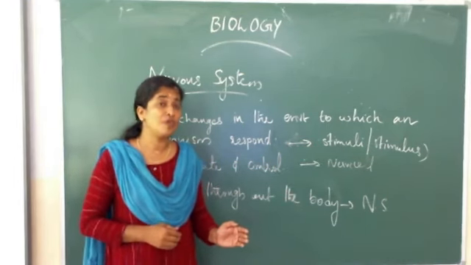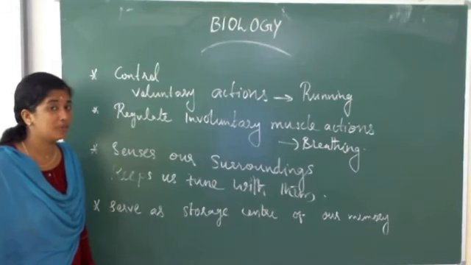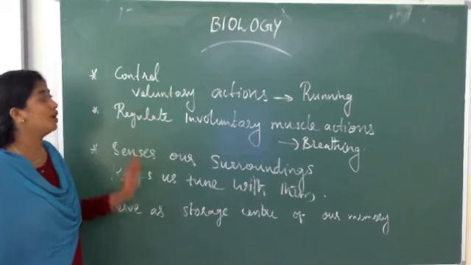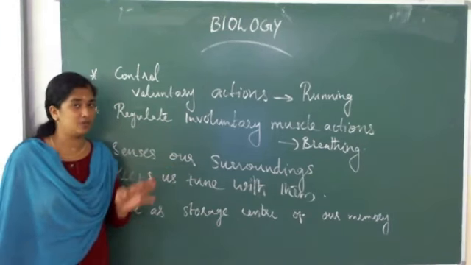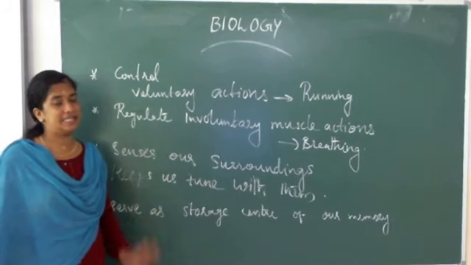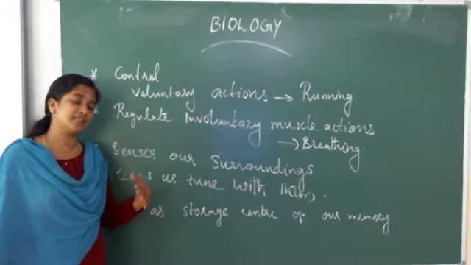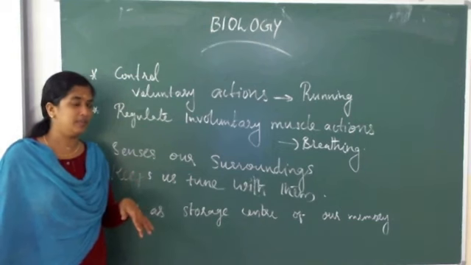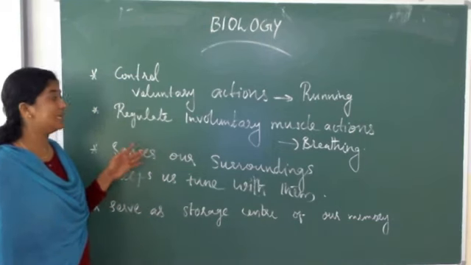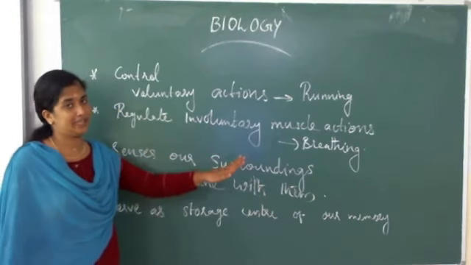So, can you tell the functions of this nervous system? The first function of the nervous system is to control voluntary actions in our body, that means running, jumping, etc. Voluntary actions means actions controlled by ourselves. Then it also regulates involuntary muscle actions, that means breathing.